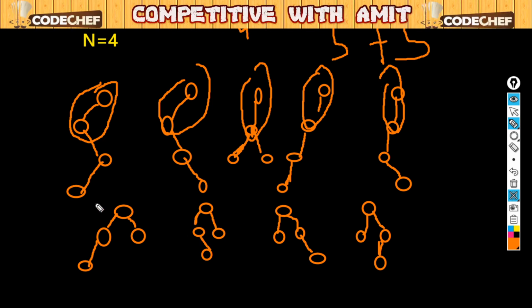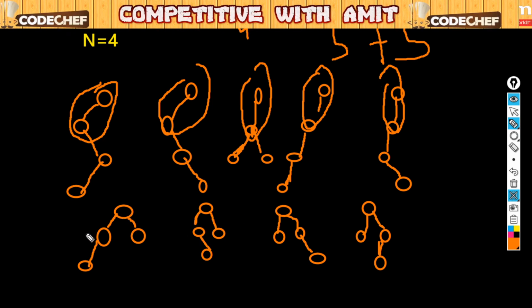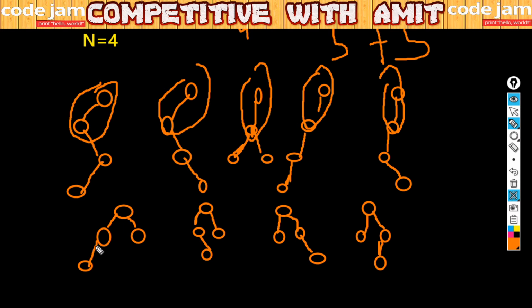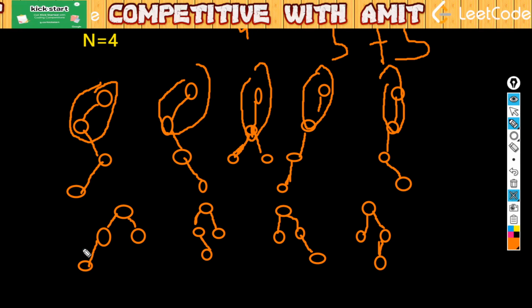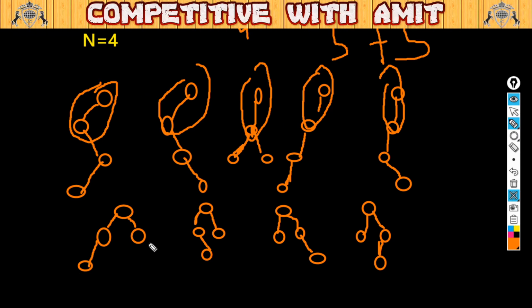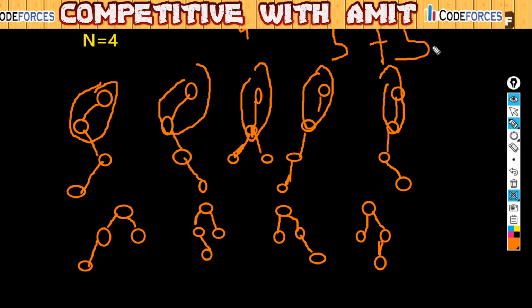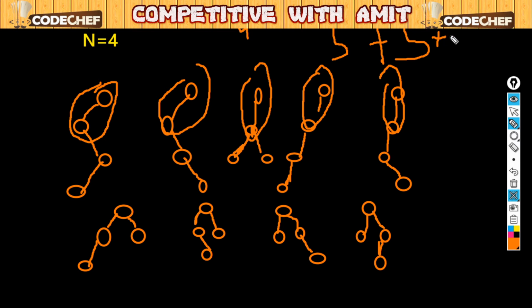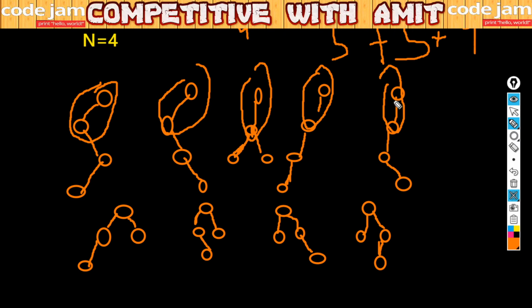And what are the other sequences? If we have root node's left, right, and then this left, root node's left and right, so 2 combinations are there. And similarly for right also 2 are there. So this will be 5 plus 5 plus 4, so there are a total of 14 combinations for n equals 4.